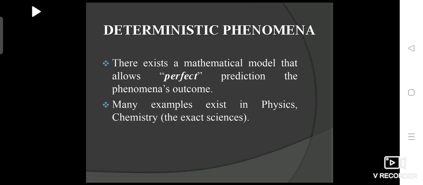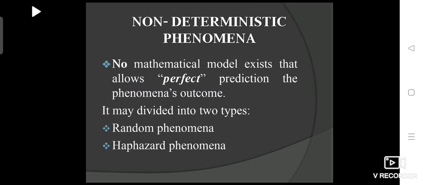Many examples exist in the universe or in your study life, based on chemistry, physics, and many other science branches. Now what is non-deterministic phenomena? No mathematical model exists that allows perfect prediction related to your study. That phenomena is known as non-deterministic phenomena.